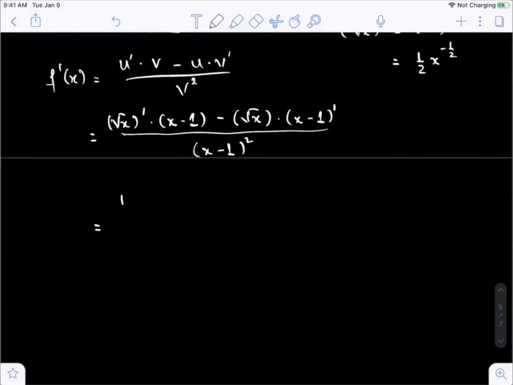I have 1/2 times x to the negative 1/2, the derivative of square root of x, times x minus 1, minus square root of x times the derivative of x minus 1. The derivative of x is 1, the derivative of negative 1 is 0, so it gives me 1. Everything is over x minus 1 squared.